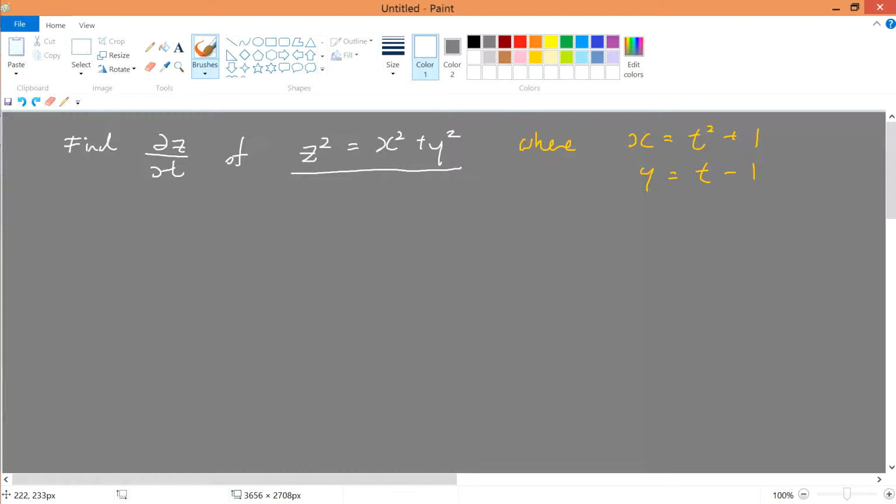So partial z partial t can be comprised of partial z partial x, because I'm going to differentiate z in terms of x, and then multiply by partial x partial t. We can write it in this manner.